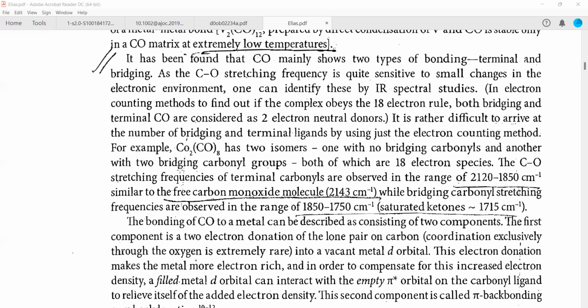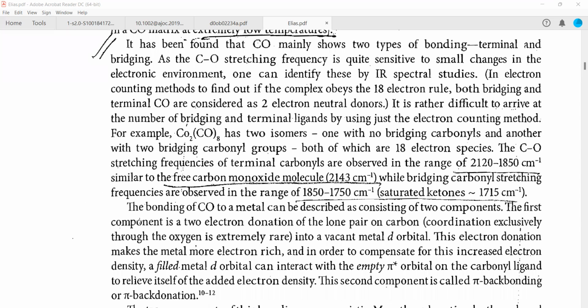That means the bond strength is increasing, right? So when carbonyl acts only as a sigma donor, which is hypothetical, the stretching frequency will be greater than that of free carbonyl. I think there is some question in this book on this. I don't remember exactly, but if there is, we'll deal with it. Otherwise, I think it is clear to you.